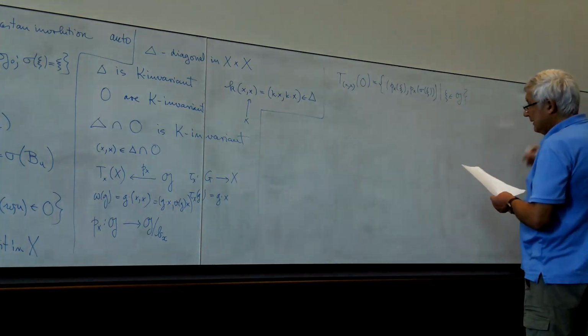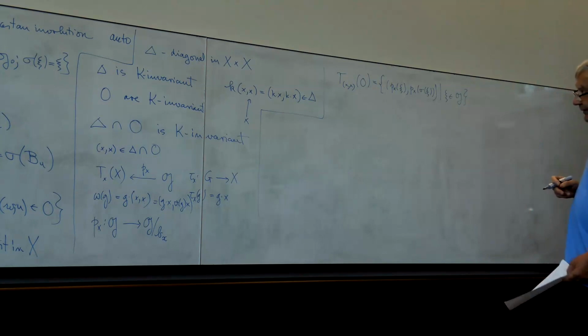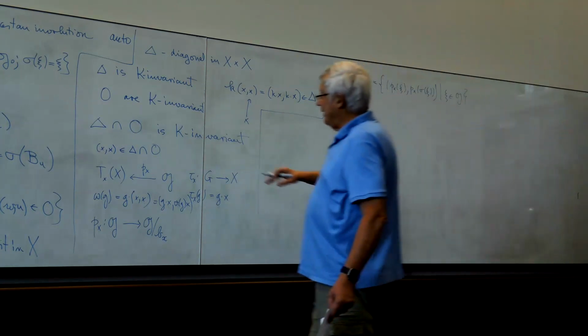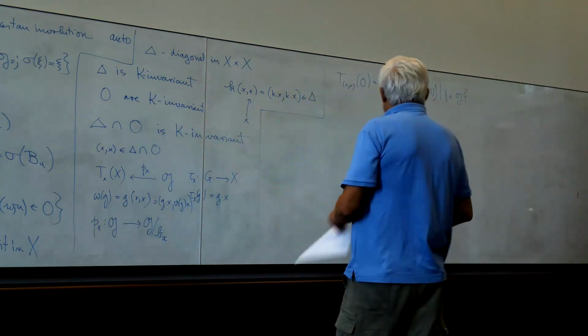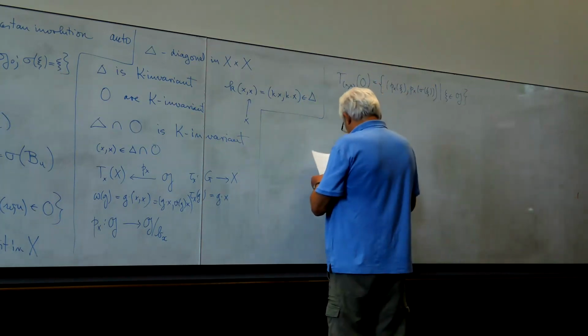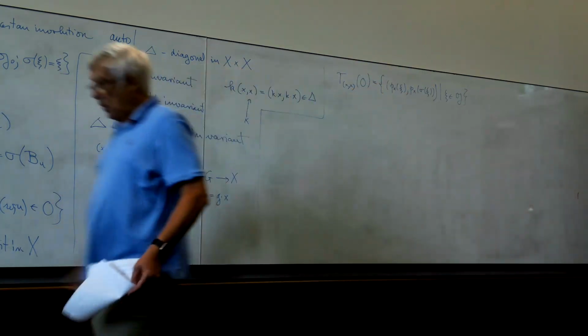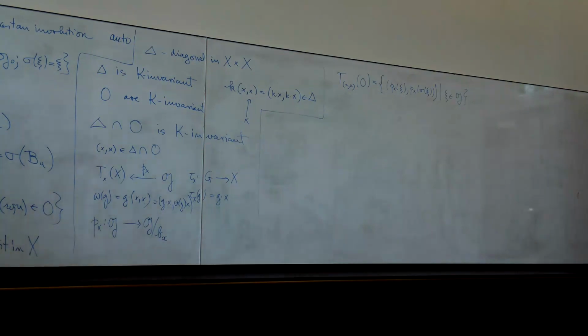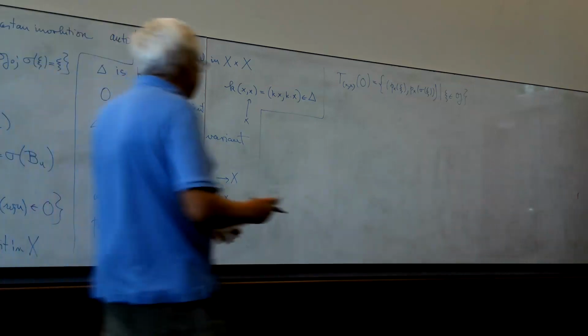And to be in the intersection of the tangent space of the orbit with the tangent space of the diagonal, those coordinates have to be the same.